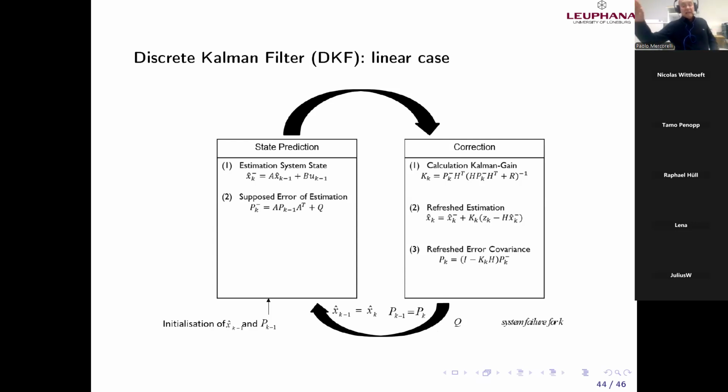Let me show you one thing of how I can calculate this KK, because you remember last time I told you that the KK and PK came from an optimization problem. And now I will show you what I mean by this optimization problem.